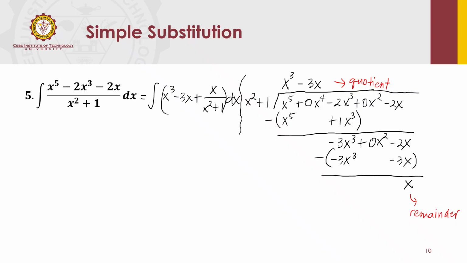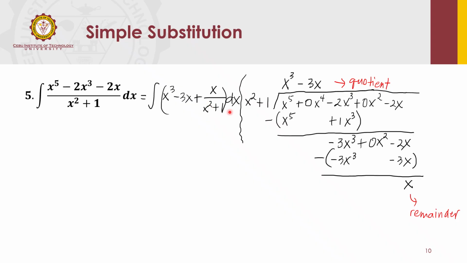Let's put the divider here. So the first two terms are already integrable, but the last term is not directly integrable. But we see that there's x and then x squared plus 1 in the denominator.